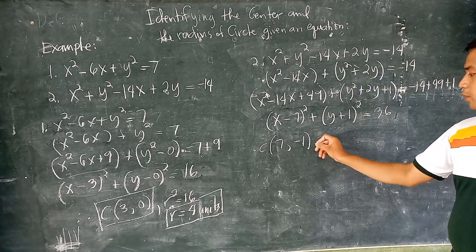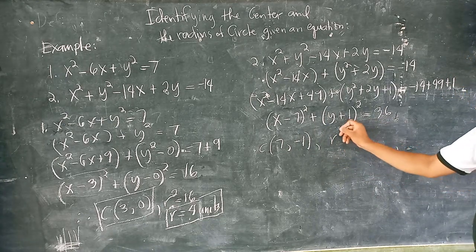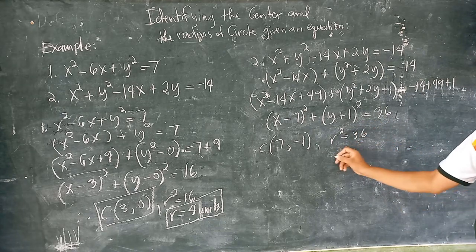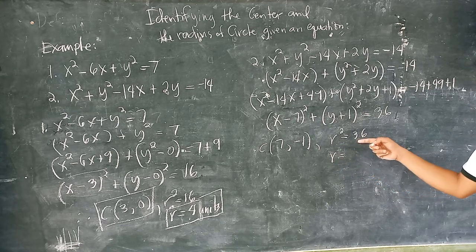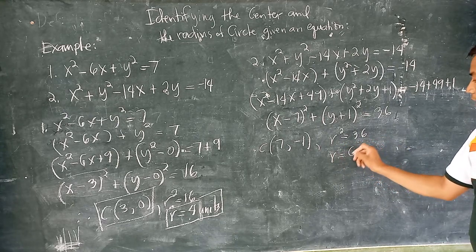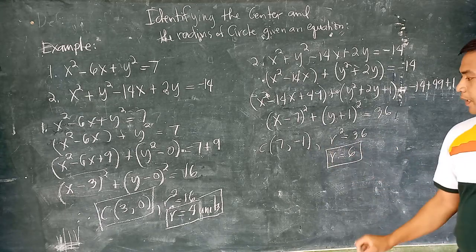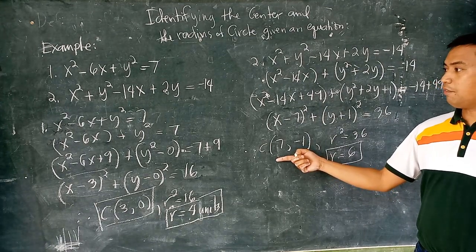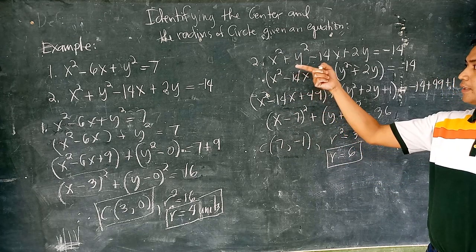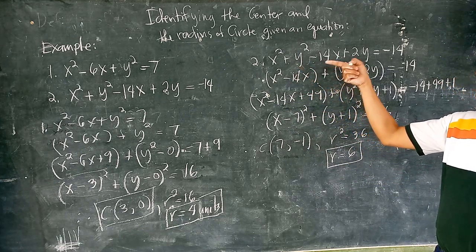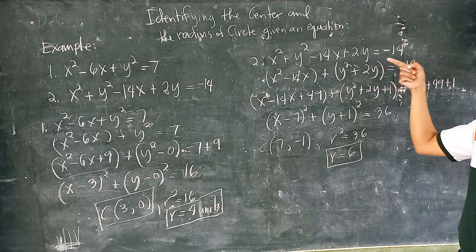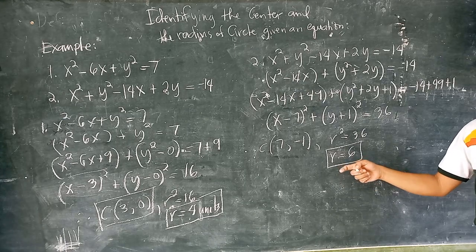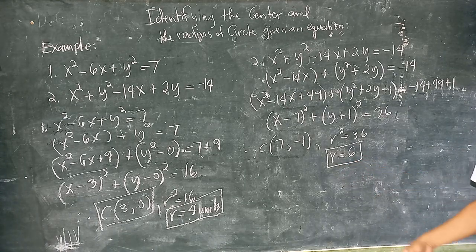Now we get r, since we have r squared equal to 36, by getting the square root of 36, which is 6. Therefore, the center of the circle given x squared plus y squared minus 14x plus 2y equals negative 14 is (7, negative 1), and the radius is equal to 6.